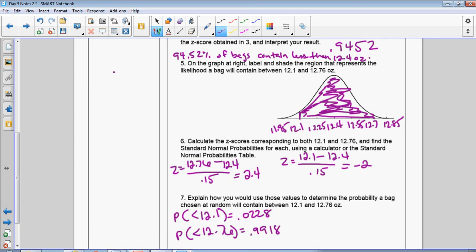So you're going to subtract your two probabilities. You get 0.969, which is the same as 96.9%. Okay, and then you can stop there and you can go on to the next video.